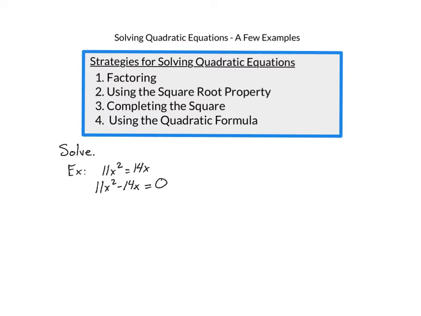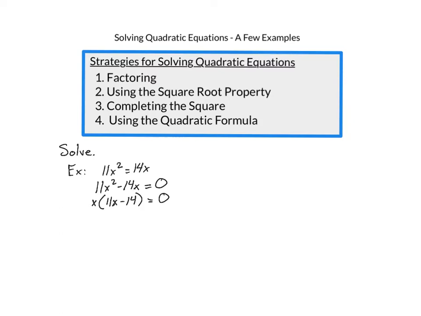Now at the top of the list, I have factoring as a strategy. The interesting thing about this problem is that often people forget about taking out the common factor and they end up solving the problem in a much less efficient way. So let's take out that common factor of x, and we're left with 11x minus 14 as our binomial.